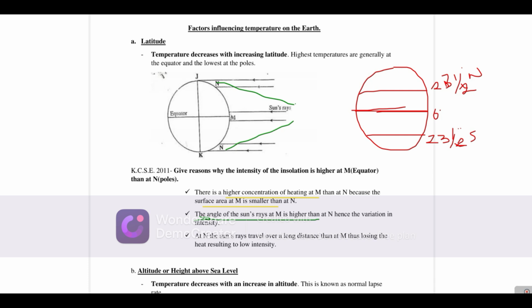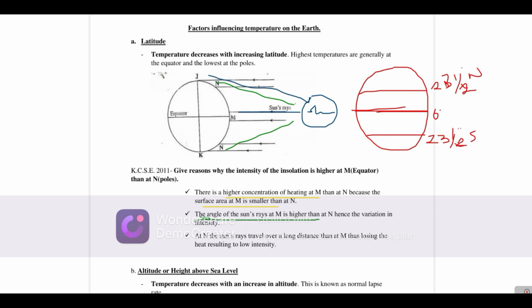So actually that is what I said, that when you look at the distance from the sun, assuming that the sun is somewhere here, look at this distance. This is going to be a direct distance as compared to this.